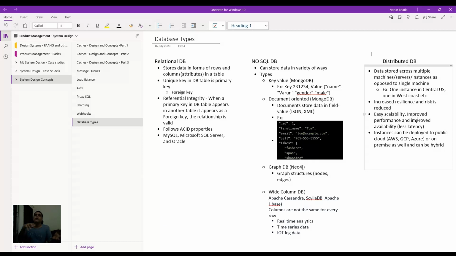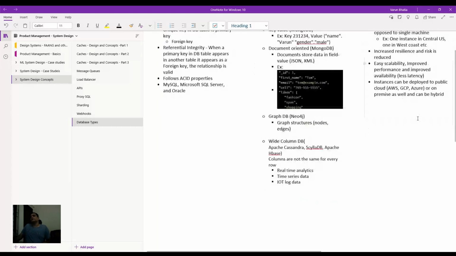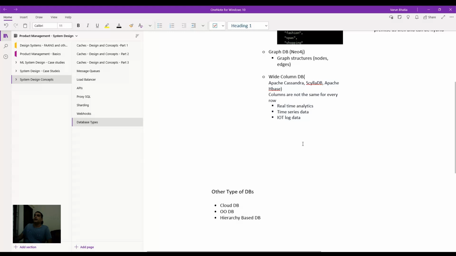Some part of the data might also reside in the public cloud service. So it's both a private as well as a public mix, and that is called a hybrid cloud environment. A hybrid database resides both on-prem as well as on the cloud.